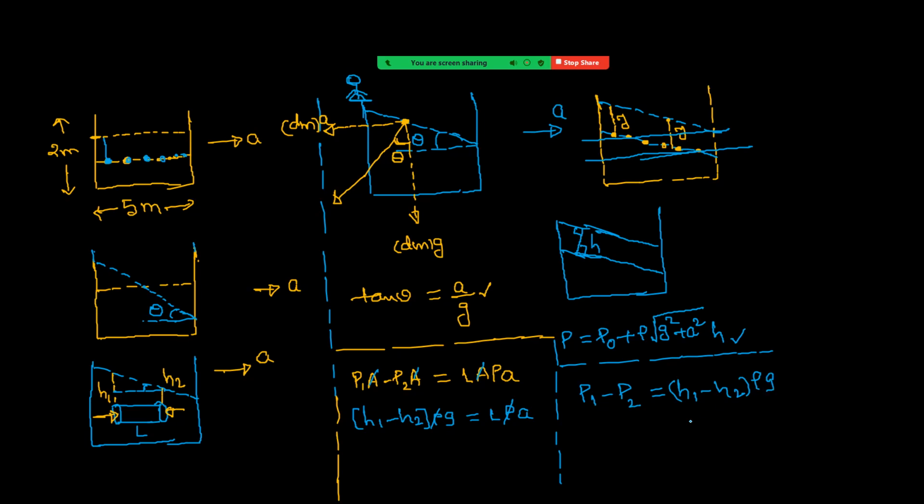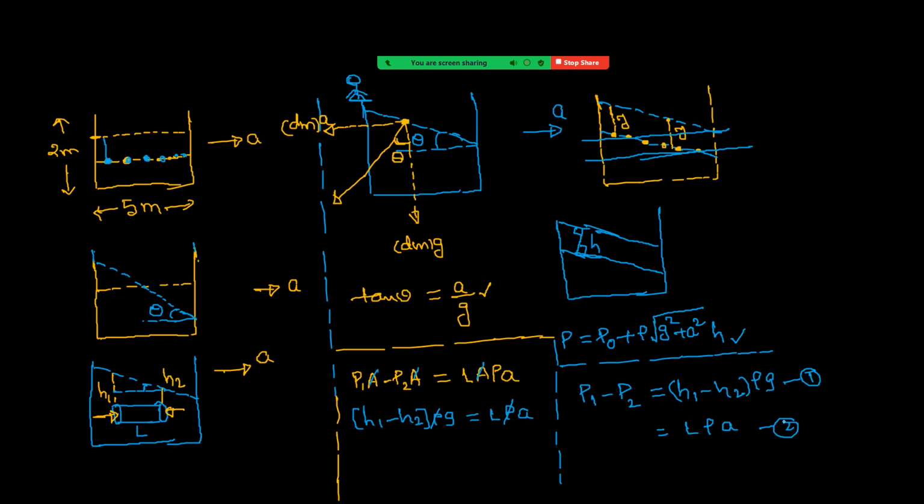Now see what we got here. H1 minus H2 into G is equal to L into A. So in the place of H1 minus H2 into G, write L into A. So it becomes L rho A. So in terms of H1, H2, P1 minus P2 equals H1 minus H2 into rho g, and in terms of length of the cylinder and acceleration, L rho A.